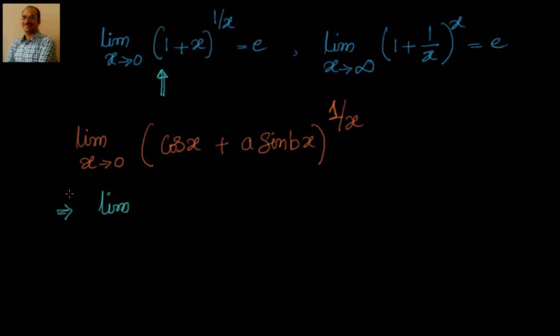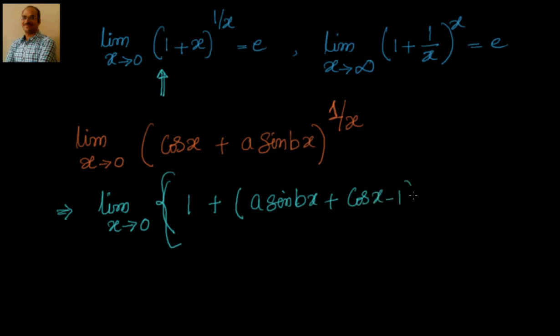I will do limit x tends to 0, 1 plus, in a flower bracket, a sin bx plus cos x minus 1, whole to the power of 1 by x.